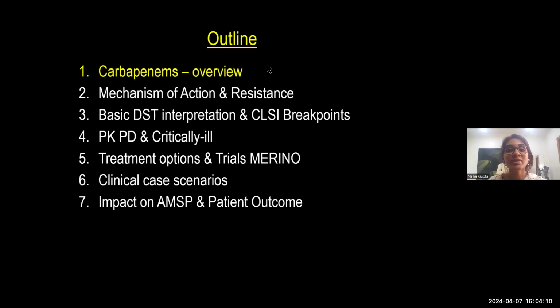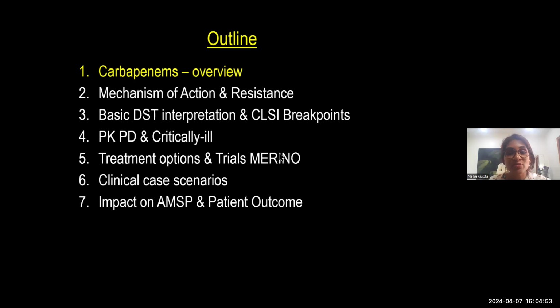This is going to be the outline of my talk today. We're going to cover the carbapenems, a brief overview of these important antibiotics, their mechanism of action and resistance, basic drug susceptibility interpretation of the culture report, and the CLSI breakpoints related to the carbapenems, the PK/PD of the carbapenems, and what is different in critically ill patients, what are the various treatment options, or how do we use carbapenems empirically as well as in the treatment of resistant gram-negative infections.